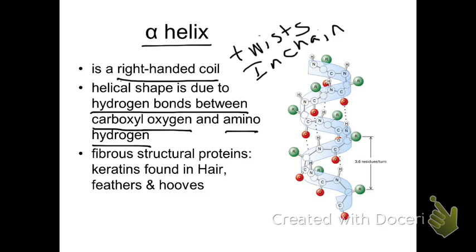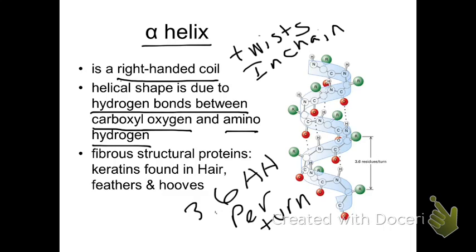Some common ideas here: there are 3.6 amino acids per turn, which you need to know, and which is labeled right here.